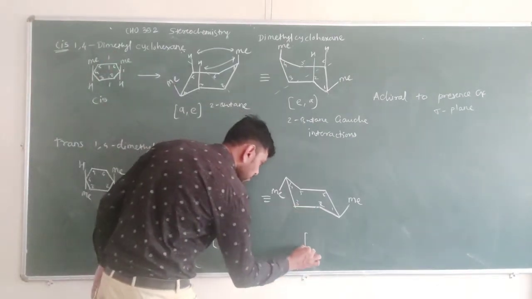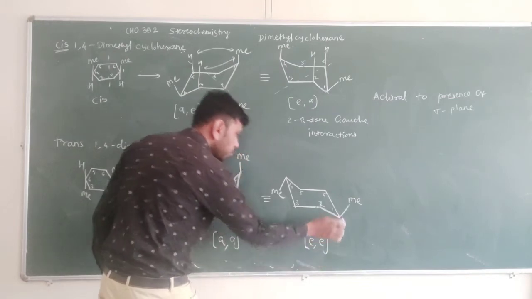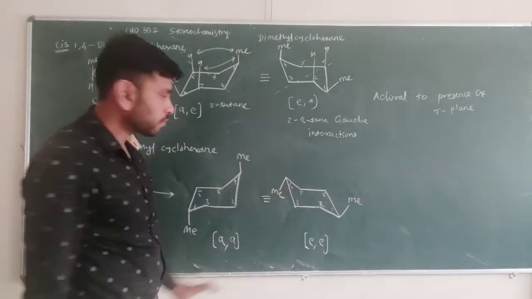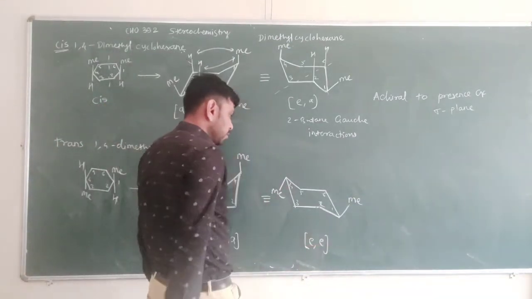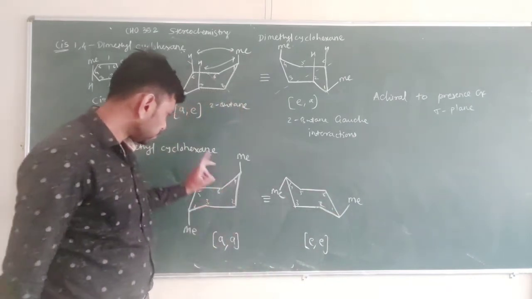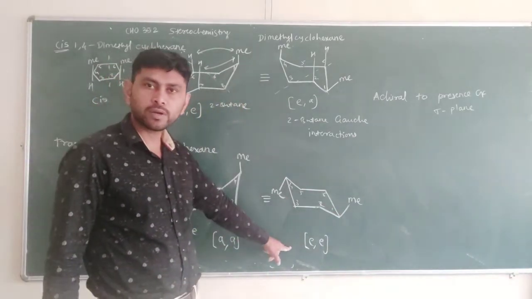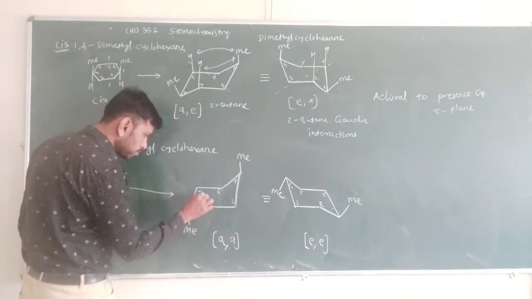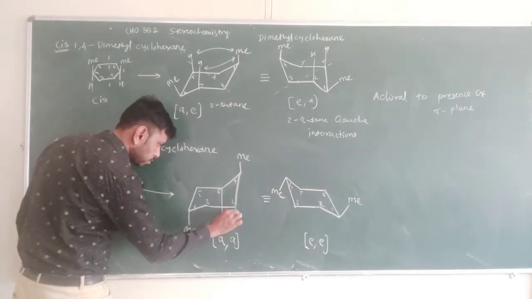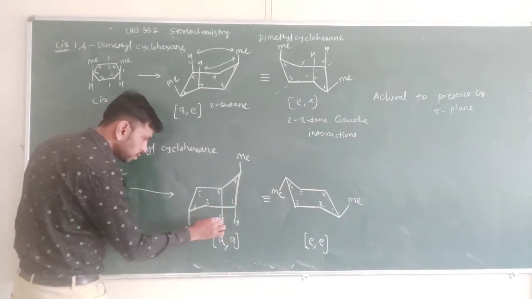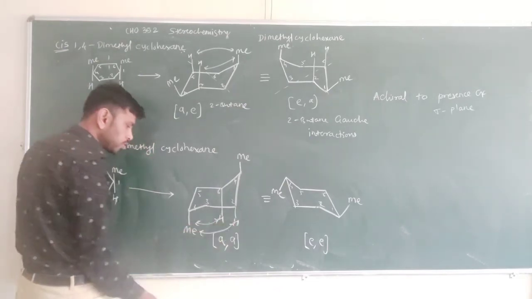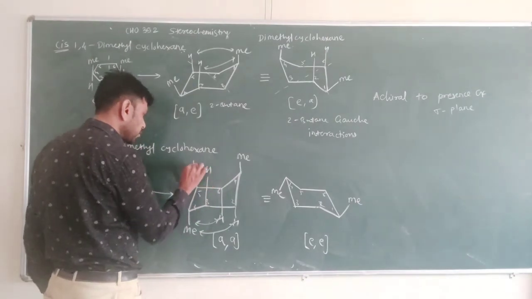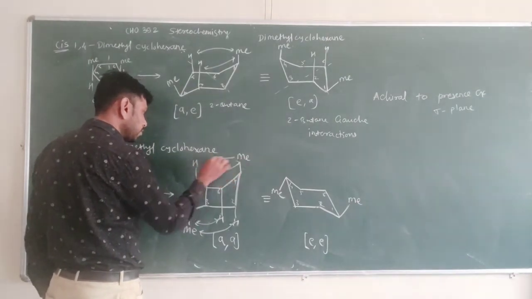Here in this case, the equatorial form: position number 1, the methyl group is in the equatorial position, and methyl group 4 is in the equatorial position. So this is the second form we obtained. And as we know, in the diaxial form, due to this methyl and this hydrogen there are two butane-gauche interactions, and here another two butane-gauche interactions due to the other methyl group.